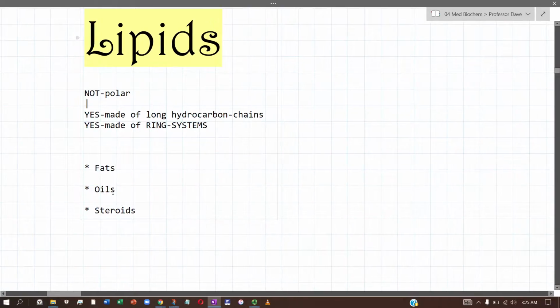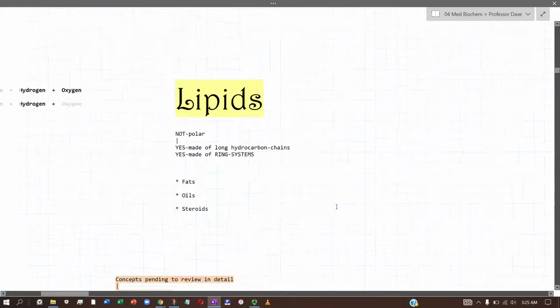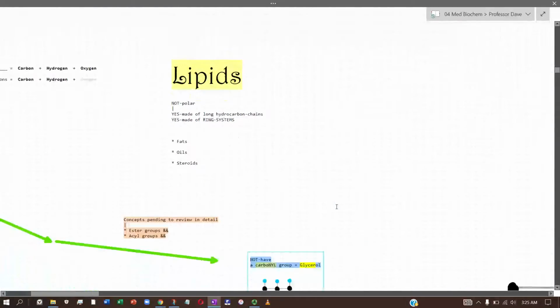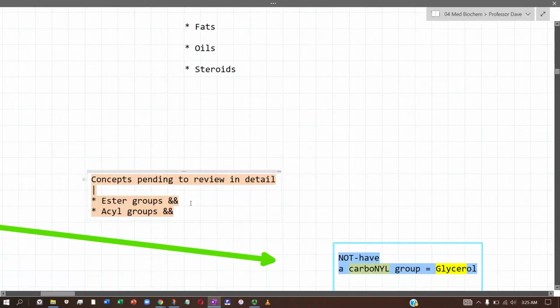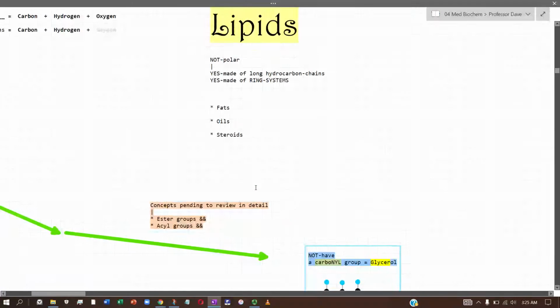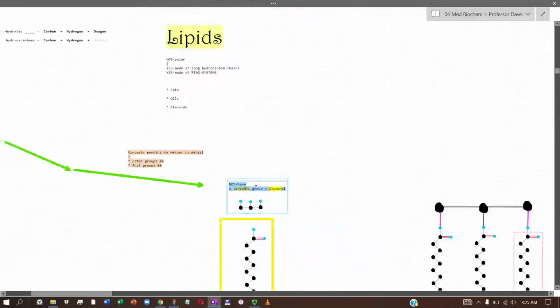Some examples of lipids are fats, oils, or steroids. So here are some concepts that may become relevant later: ester groups and acyl groups. So we'll see if that's necessary.